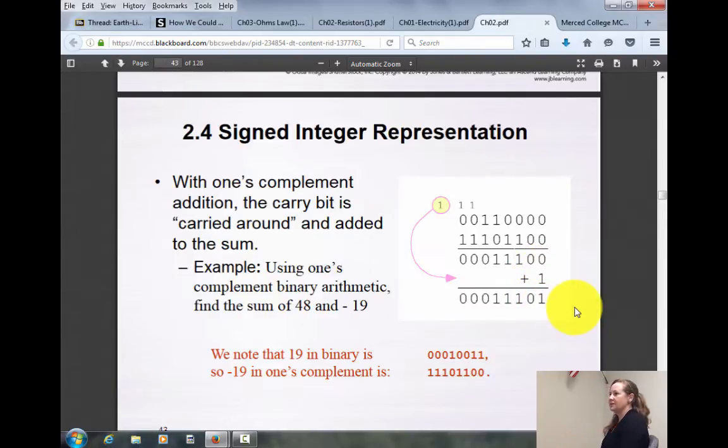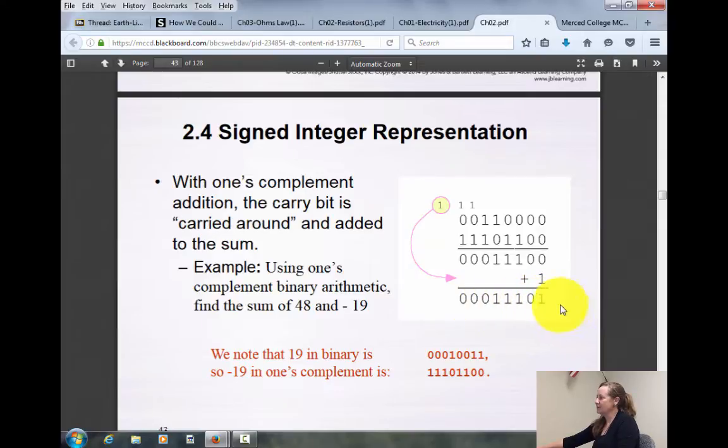And so what is 48 minus 19 in decimal? Well, in any representation, what's 48 minus 19? Would be 29, right? And what is this number right here? Let's hope it's 29.